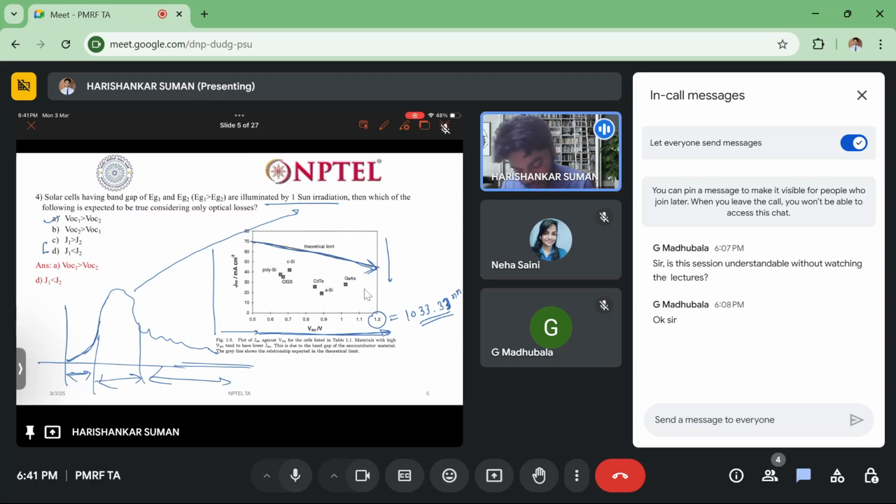Okay, this is the maximum. So the 1.2 eV band gap material absorbs only up to the maximum wavelength for this, and for this it is up to this.